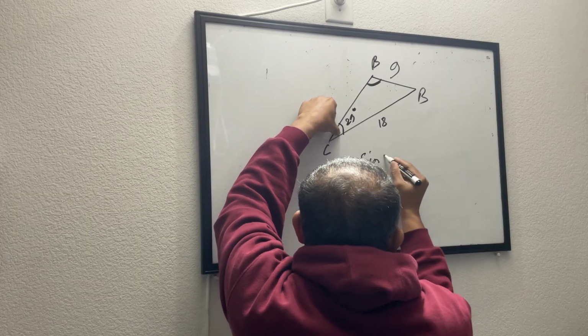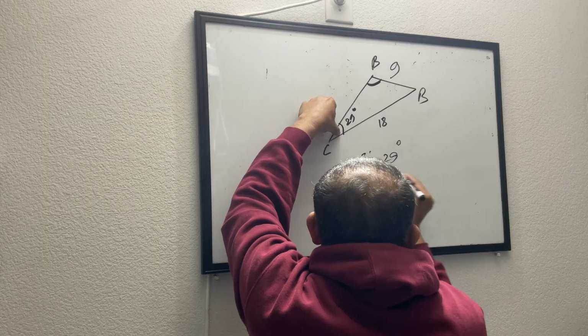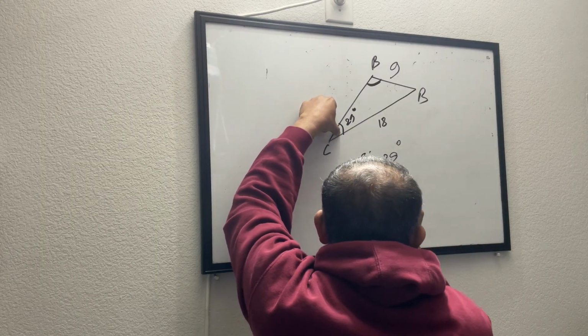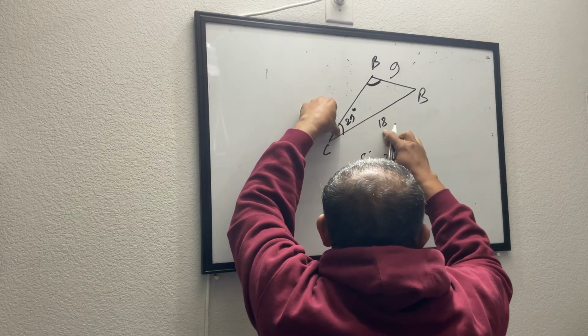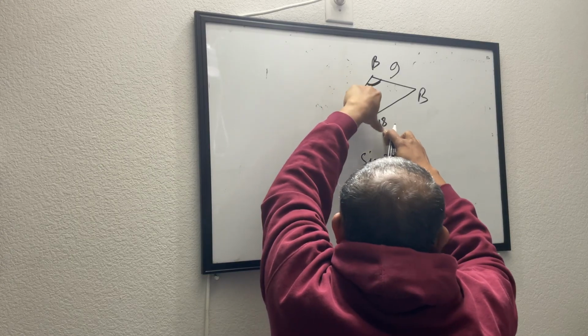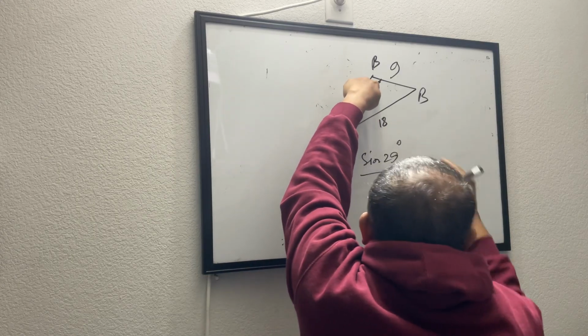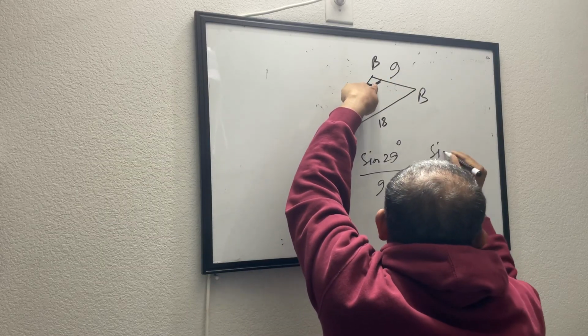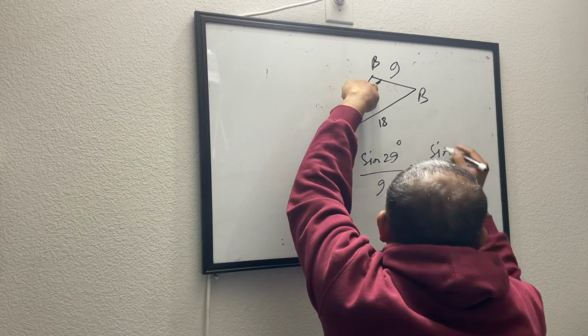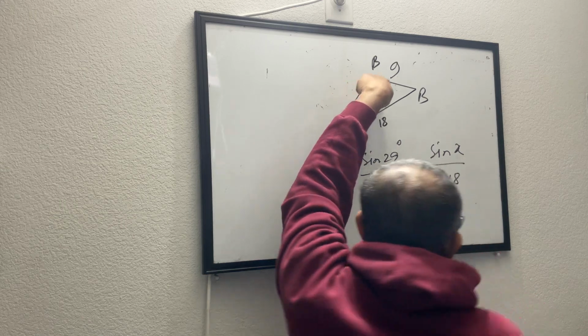Sine of 29 divided by the side opposite to that, which is 9, equals the sine of this angle, let's say this is x, divided by 18. We know this side and we have to relate it to this angle.